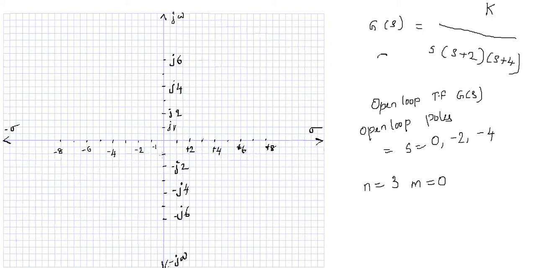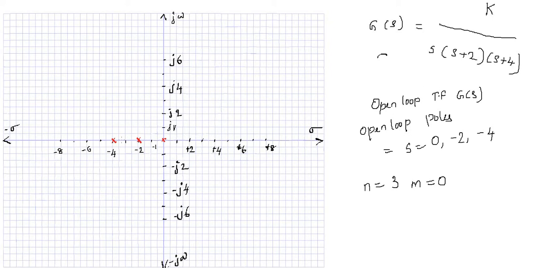Here we can see that there are no open loop zeros, only poles. So we can mark the open loop poles here: one pole at s equal to 0, another pole at s equal to minus 2, and another pole at s equal to minus 4.